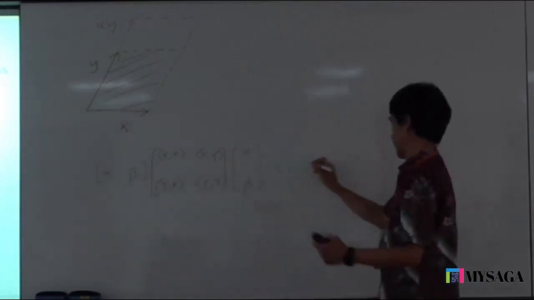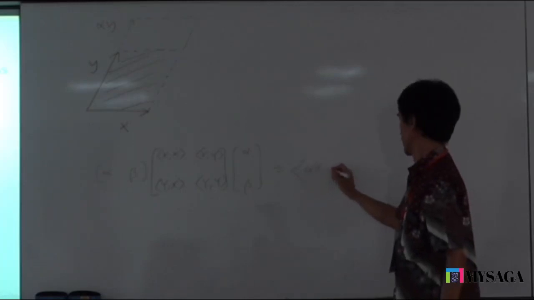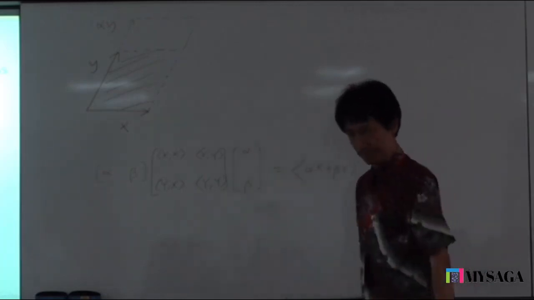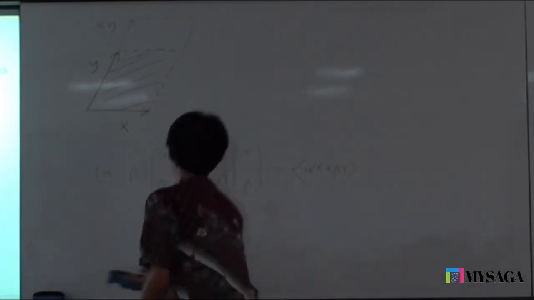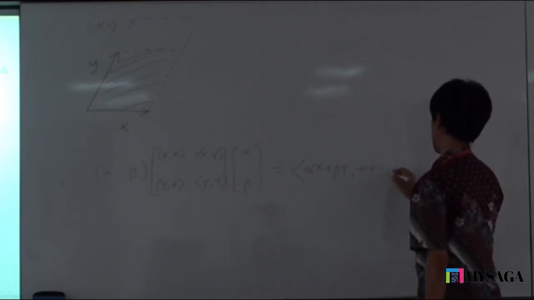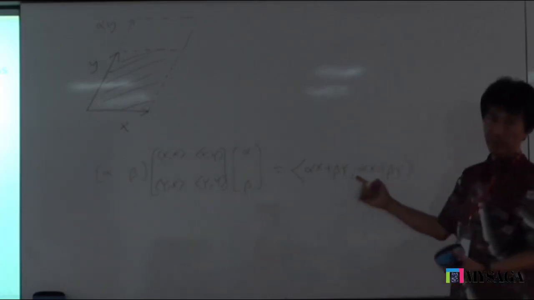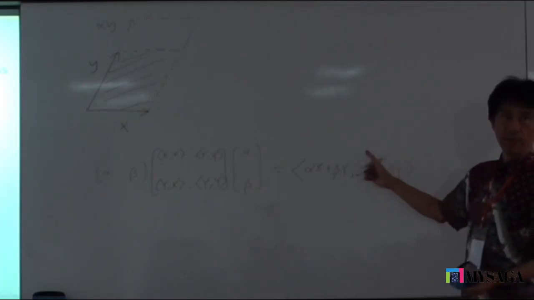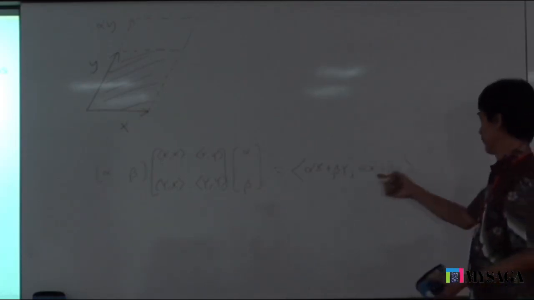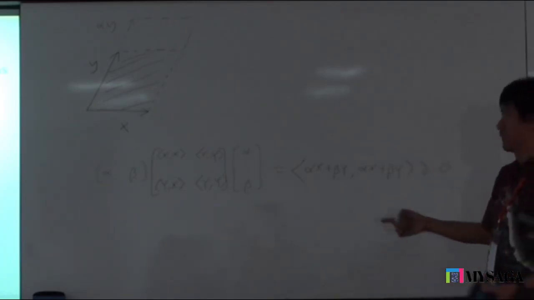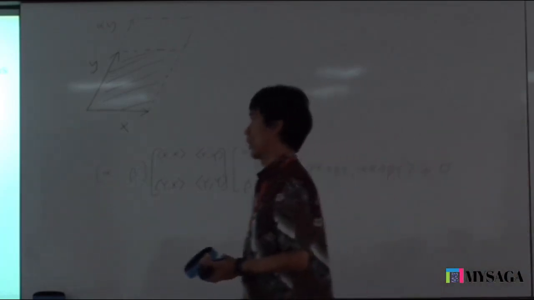Of course, you have to check step by step, but at the end you will get this: the inner product of alpha x plus beta y by itself, and this is of course non-negative, and it's true for all alpha and beta.